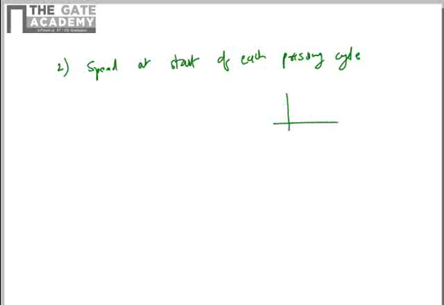Now coming to the second part, it is provided that the speed at the start of each pressing cycle, of the fluctuation of energy cycle. So fluctuation of energy will take place in one cycle, like if you plot the kinetic energy of the flywheel on the y-axis and the time on the x-axis, you will see that the kinetic energy remains constant for some time, and when the pressing occurs, it drops to some value, then it slowly recovers by the supply of energy from the motor.